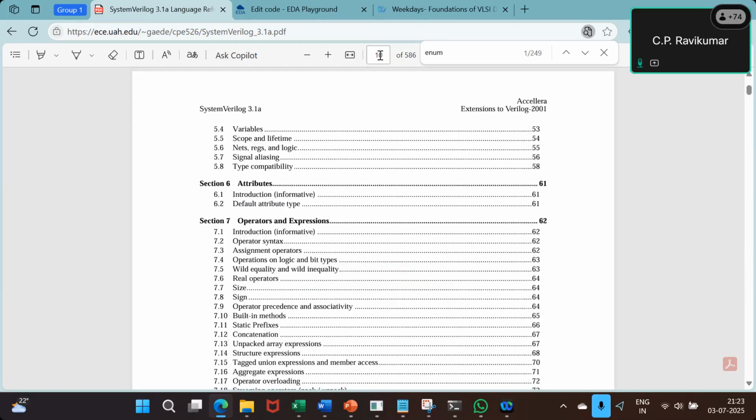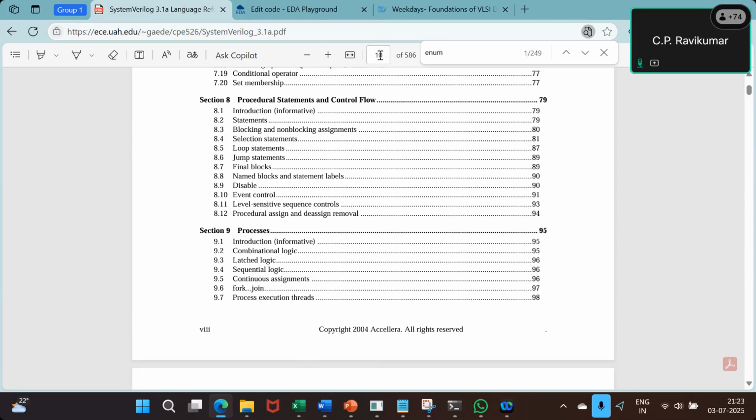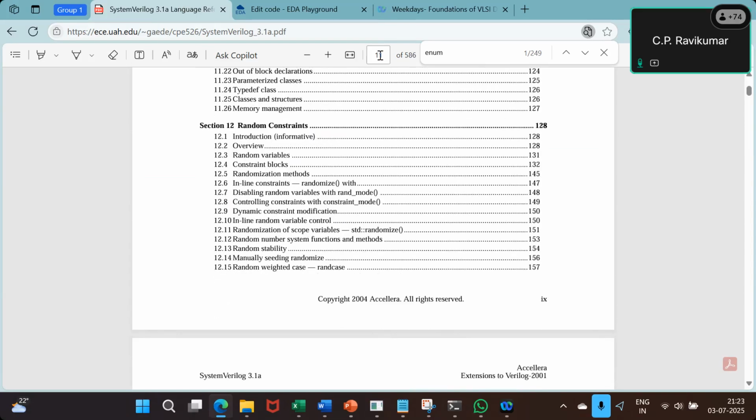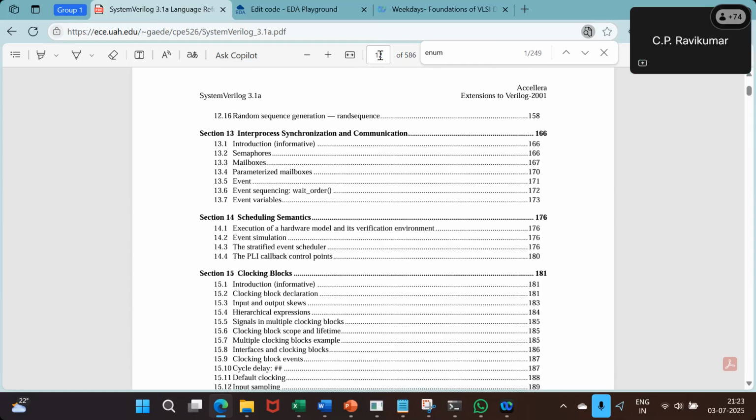We looked at processes. See this, right? So we have looked at event today. Okay, like that there are semaphores, there are mailboxes.